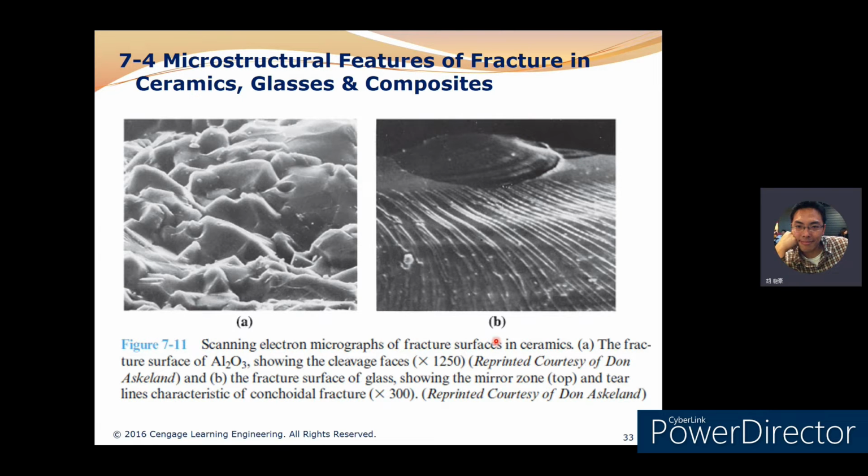Also you can observe this SEM, scanning electron microscope, image: for A it is alumina, and for B it's glass. So both of these are brittle materials.